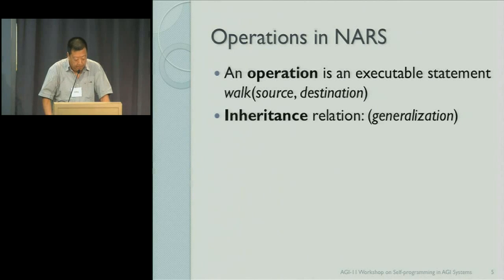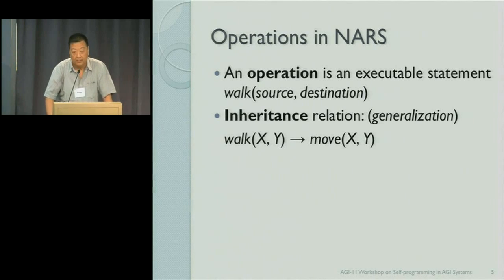Then you can define different types of relationship. Here, the most important two, one of them is called the inheritance relation, which represents a generalization between operations. For example, we can say walk is a special form of move. Move is a more general concept than walk, even though both of them describe operations.